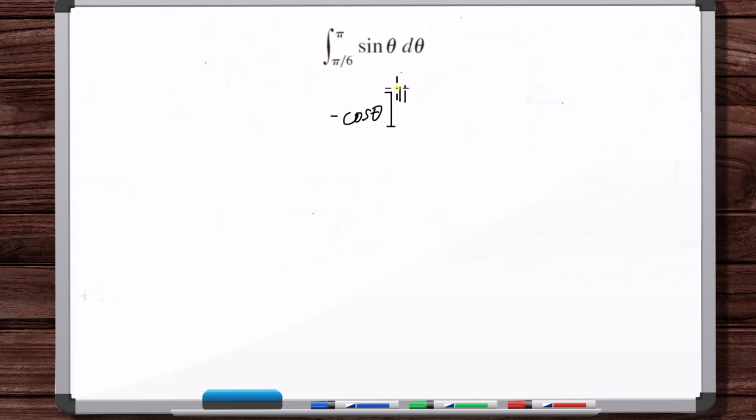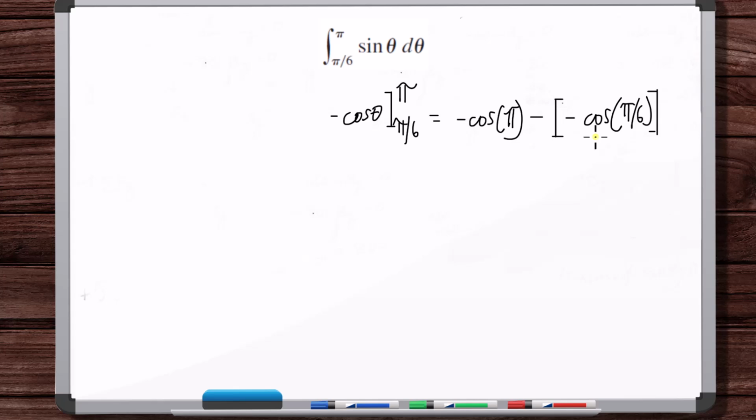Okay, now this is going from pi to pi over 6, so this is minus cosine of pi minus cosine of pi over 6. So you got to be careful here. It's minus cosine of pi and then minus cosine of pi over 6.